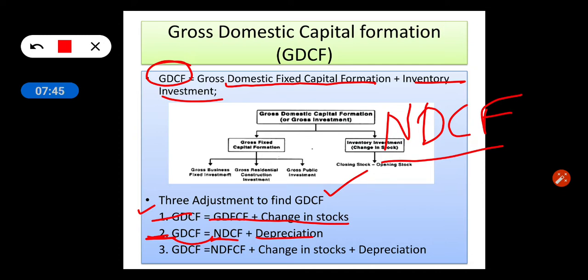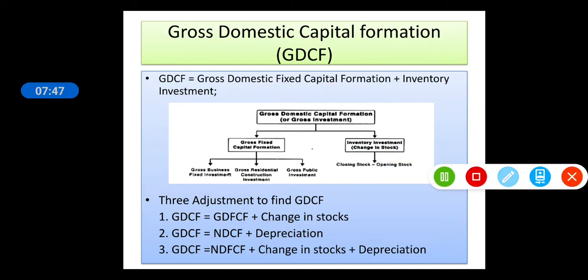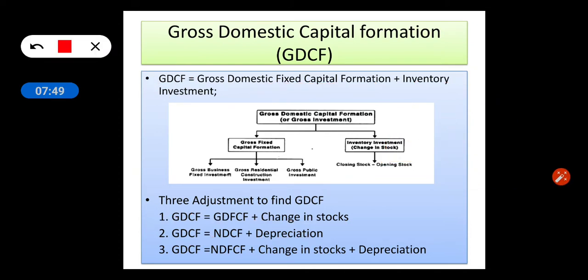Now let's assume that the value of GDCF is not given, GDFCF is not given, NDCF is also not given. Instead of all these three, the value of NDFCF is given, net domestic fixed capital formation. What are we going to do?